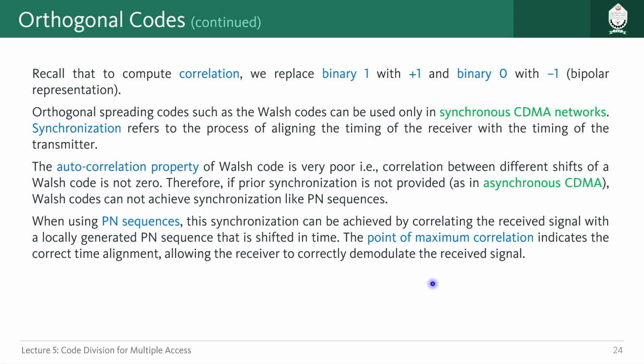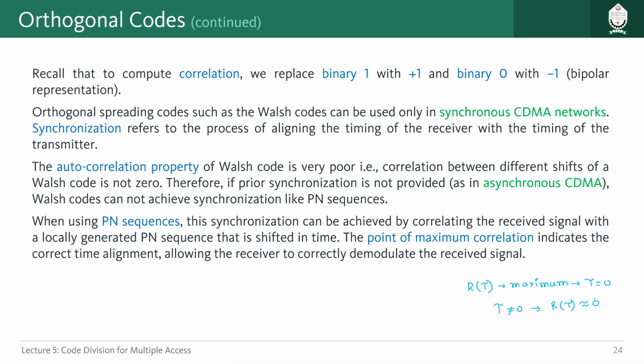Because for PN sequences, the autocorrelation property is such that R of tau is maximum when tau is equal to 0, and for tau not equal to 0, R of tau is almost equal to 0.